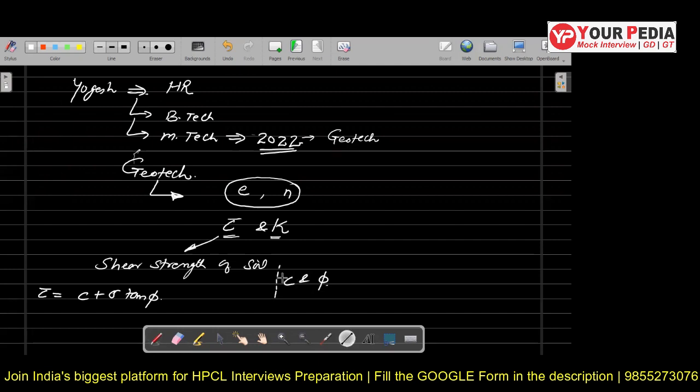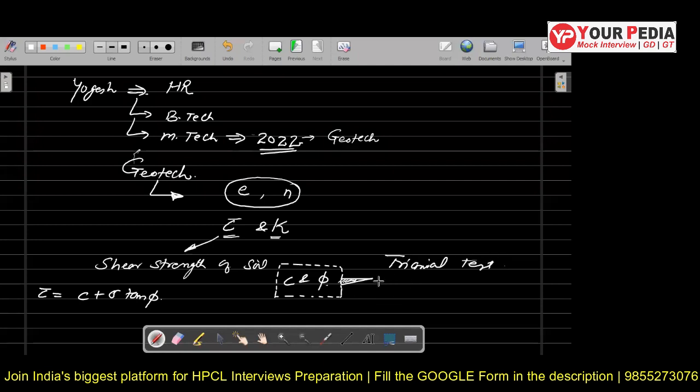If we have to calculate this C and phi, how will you calculate? First of all, we can take the help of the Mohr circle and Mohr failure envelope. How can you calculate C and phi in the real sense? To draw a Mohr circle, you need something. We can perform the triaxial test for that. What do you get in the triaxial test?